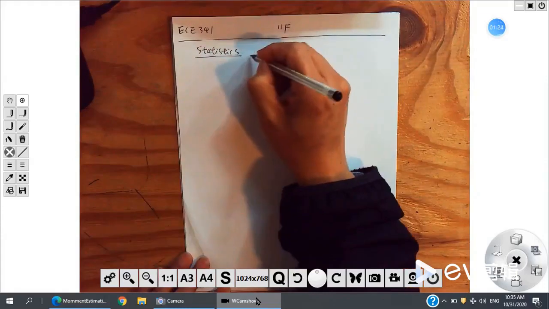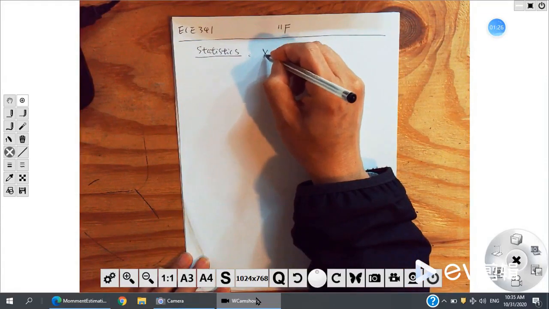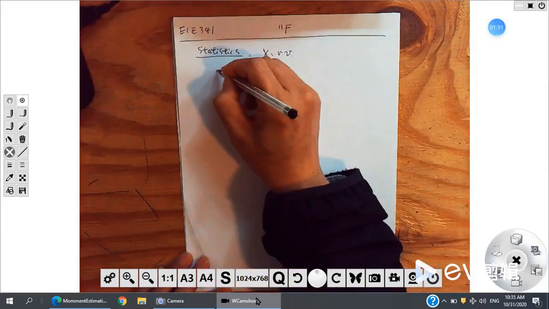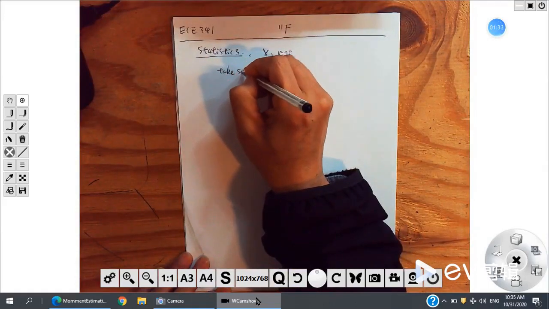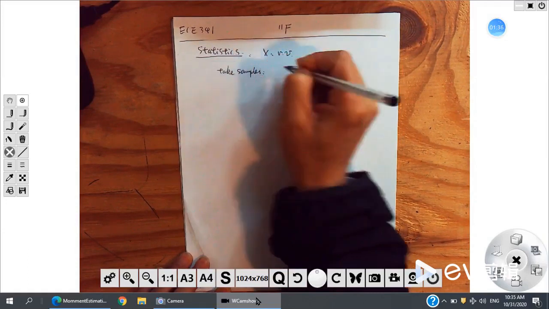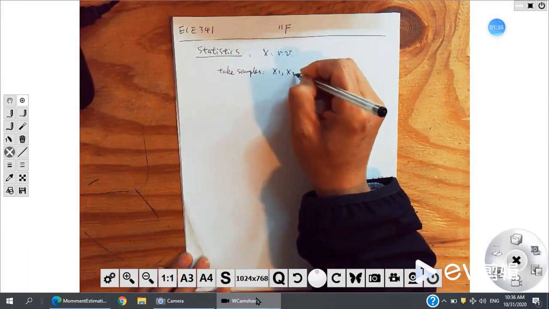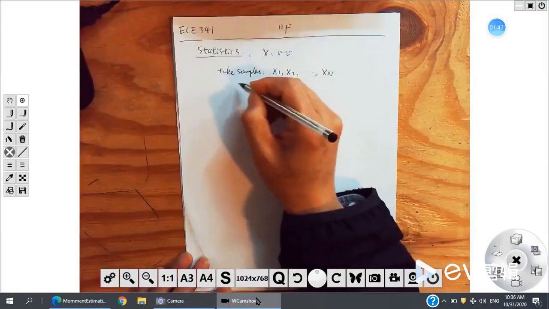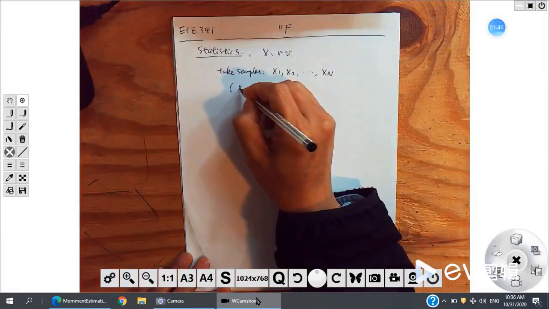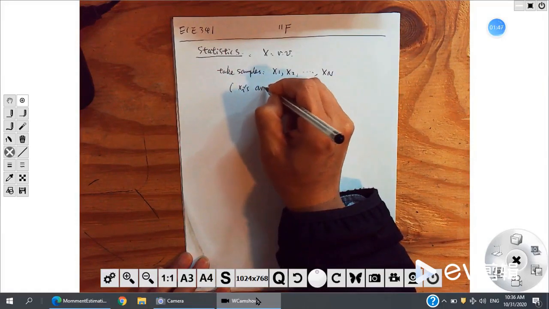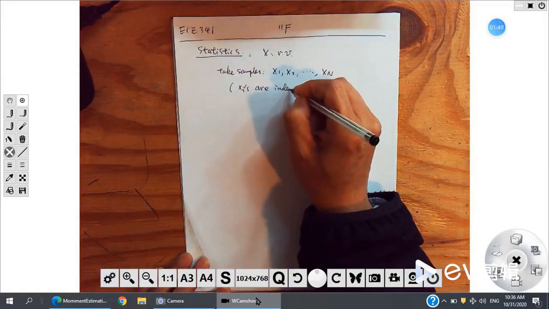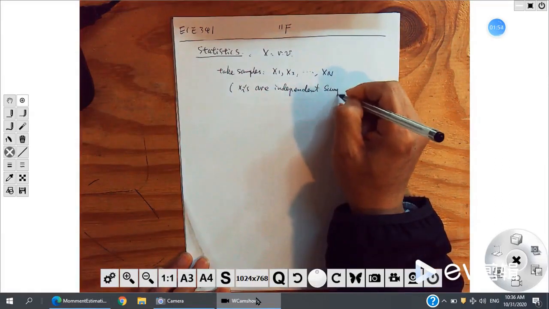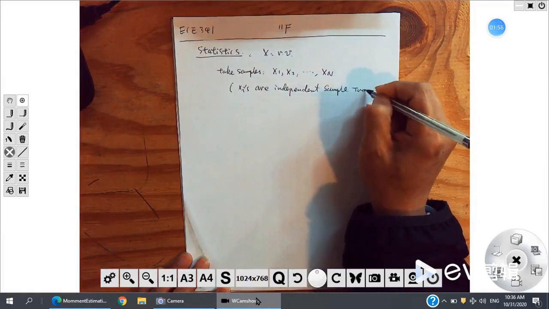So like we have x. It is a random variable. Then take samples. I have x1, x2 until xn. And we suppose these xi's are independent sample trials. Right?